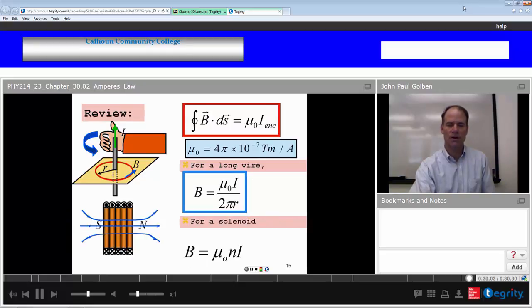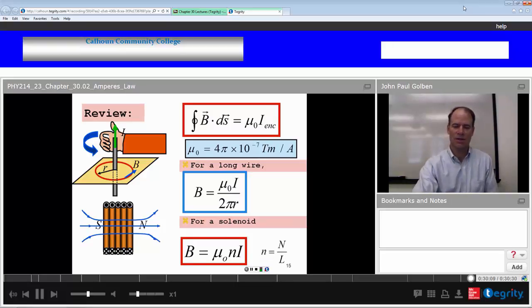For a solenoid, the magnetic field through the center of the solenoid is mu naught little n I, where little n is the number of turns per length. That concludes chapter 30, and we're going to be using this idea of magnetic flux to help us in our discussion of power generation and electric field in the next few chapters.